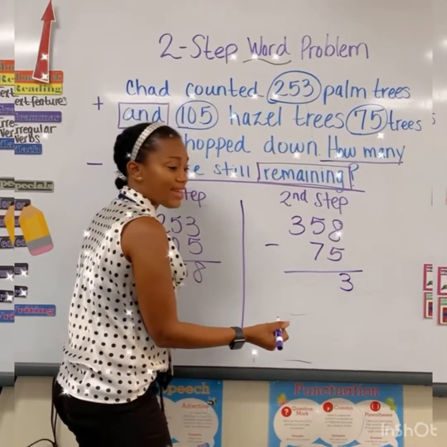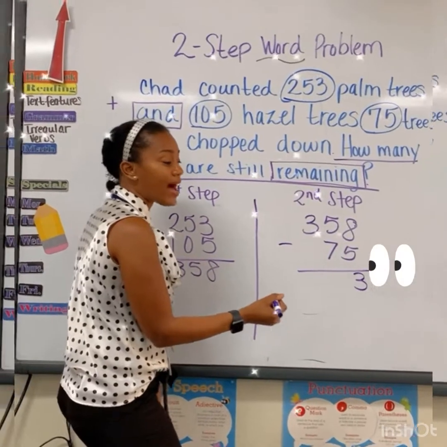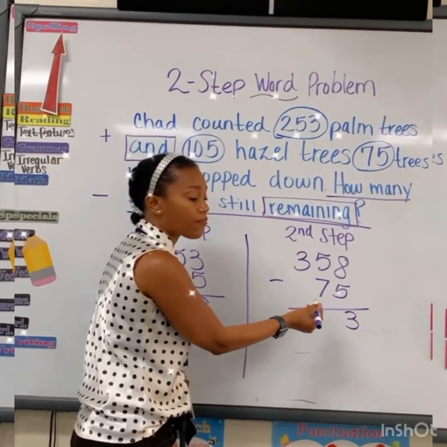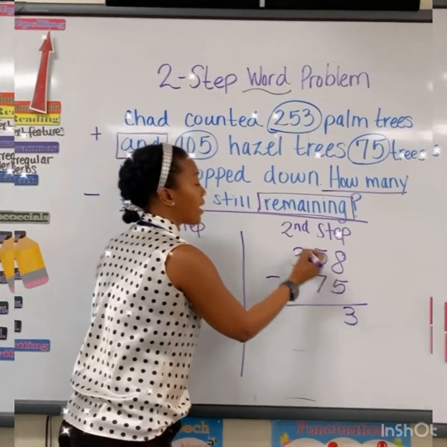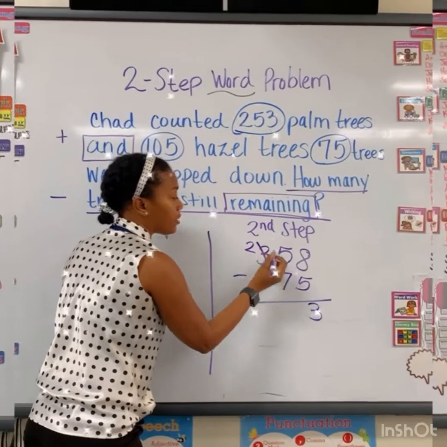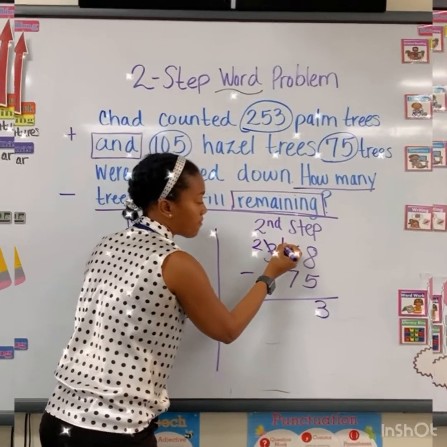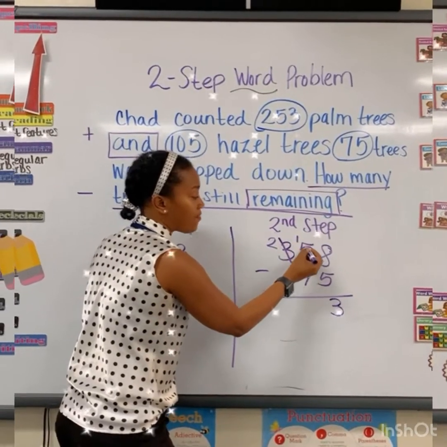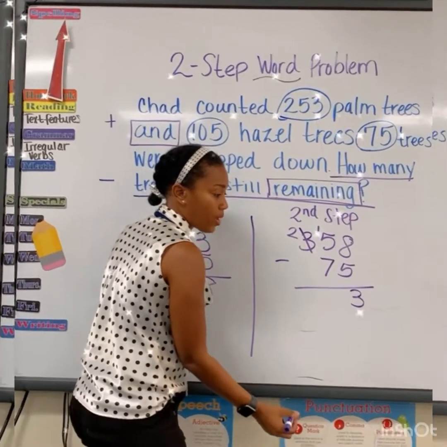We can't do that. If you said 2, you forgot that 5 is less than 7, and we have to borrow from where? The hundreds. Got to borrow from the hundreds place, so we're going to give 100 over to the 5. That's going to make 15 tens. So now we have 15 minus 7, which is what? 8.